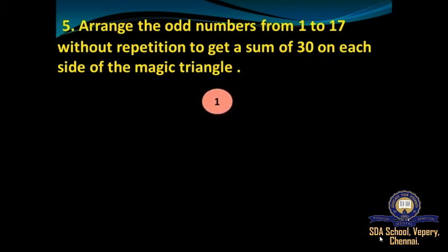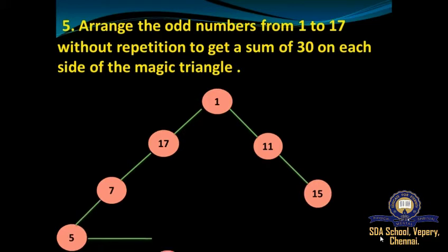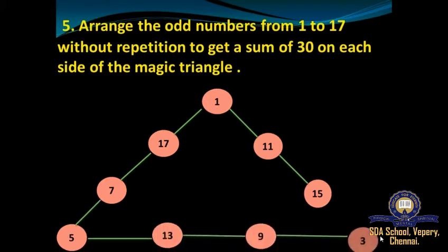The odd numbers between 1 to 17 are 1, 3, 5, 7, 9, 11, 13, 15, 17, right? So step 1 is I'm going to place the smaller numbers 1, 3 and 5 on the corners. Okay, so I have placed the smaller numbers 1, 3 and 5 on the corners.